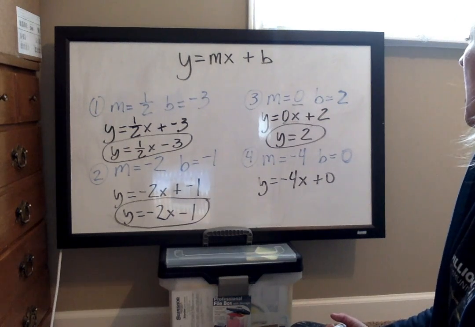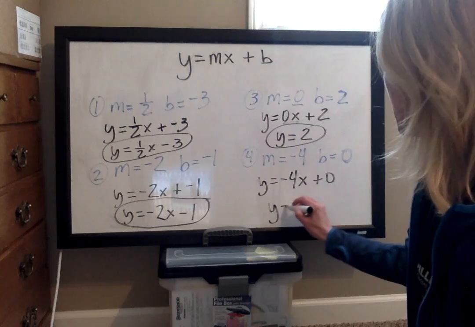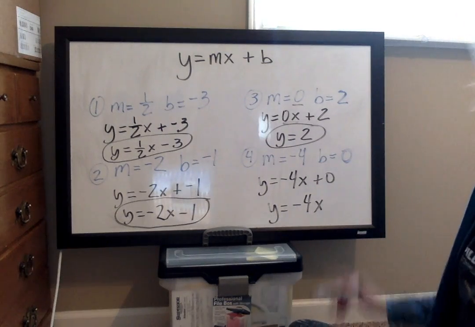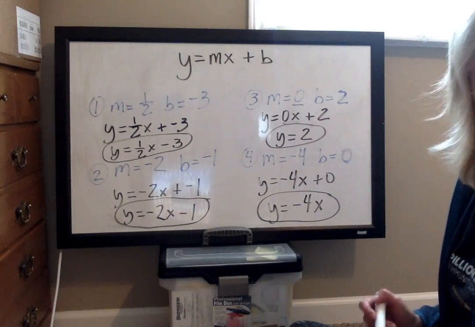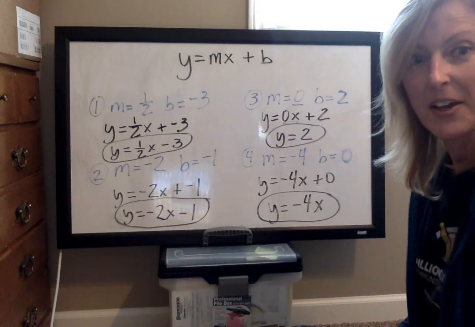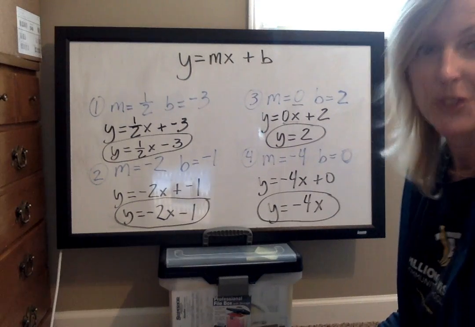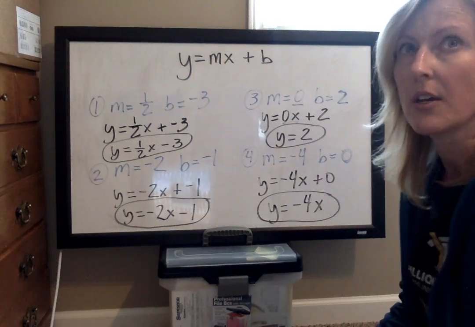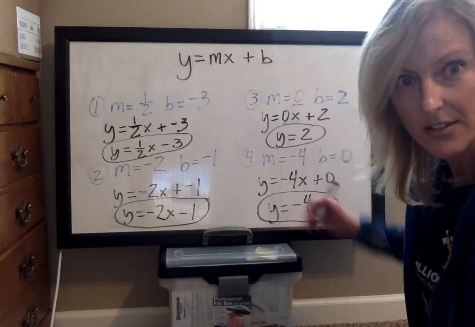No. So we would just write it as y equals -4x. We don't have to write it with a plus 0. Okay, so that is the first 4 problems on your worksheet. So you would have to do numbers 5 through 8, and they should look like this.